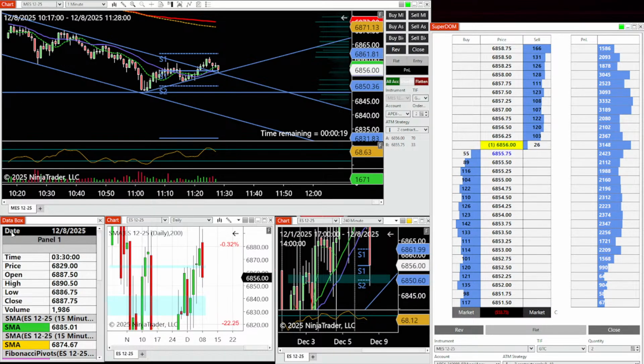Let's see. Let's see where it goes. If it makes lower highs, makes higher lows, and starts to break above that 60.